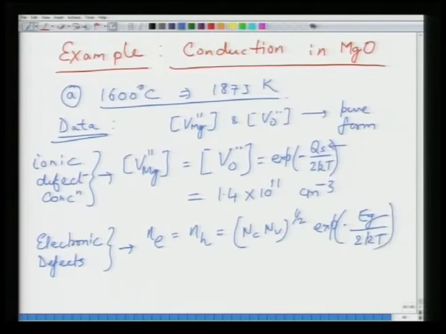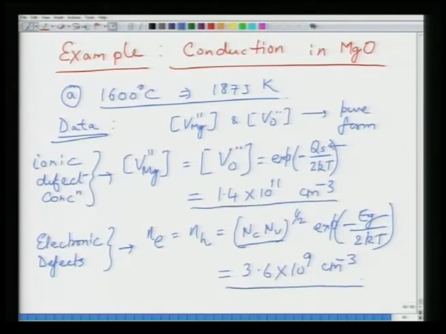Okay, that you remember from the previous discussion when we discussed the defects, and Nc and Nv can be easily found out. If you refer to previous lectures for the band gap of magnesium oxide, this value at this temperature works out to be 3.6 into 10 to the power 9 per centimeter cube. So, I know the intrinsic defect concentration, and I know the intrinsic electron and hole concentration. Okay.